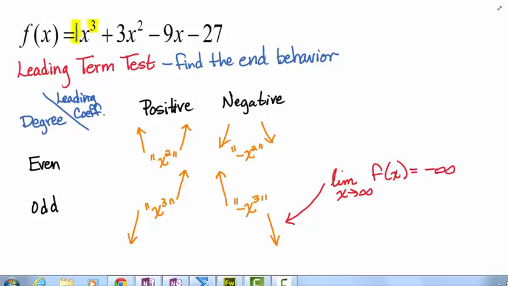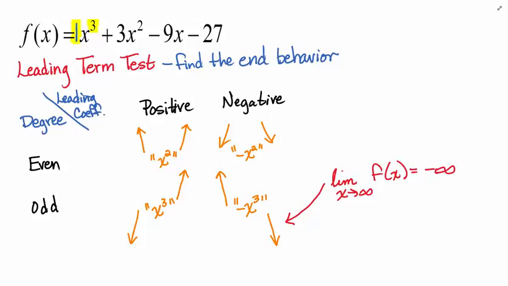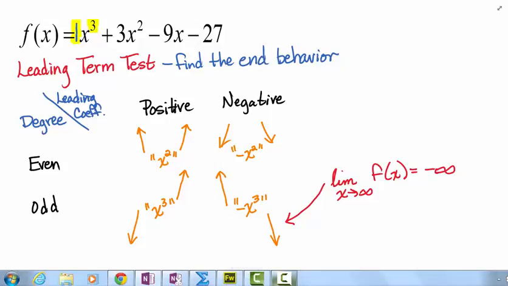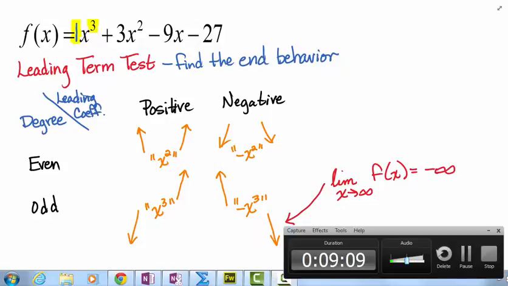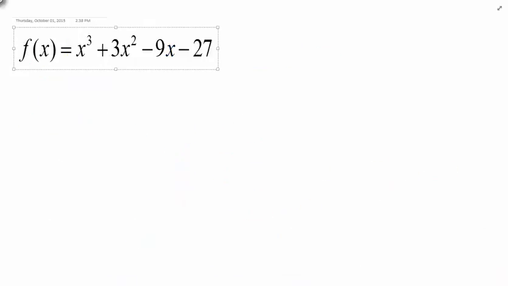let's return to our function and apply the leading term test. Okay, so as you can see here, this particular function has, like we said, an odd degree and a positive leading coefficient.